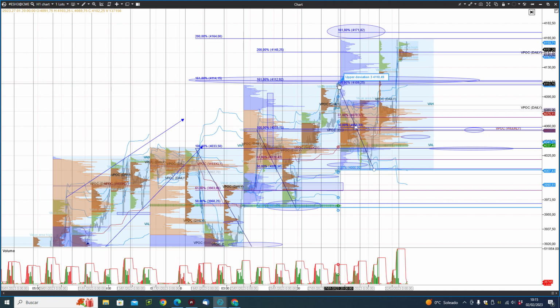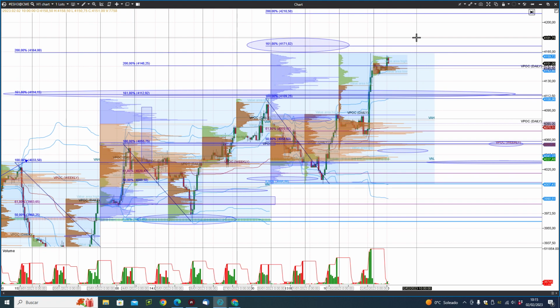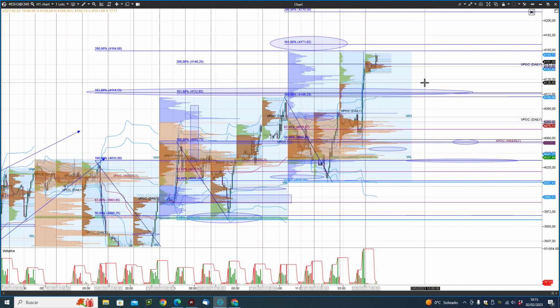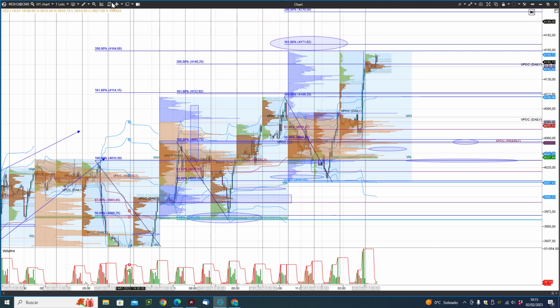Let's see 1 hour time frame. Here the projection of this pullback could take the price to 4,171, as we have said, and the lower targets could be first place this price action zone.